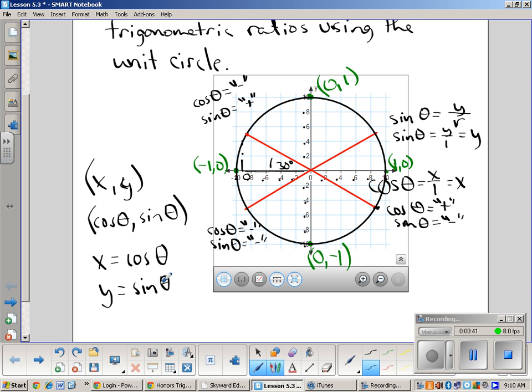We didn't draw all of this in, but we talked about it. So if you want to add it, go ahead. If not, that's okay.